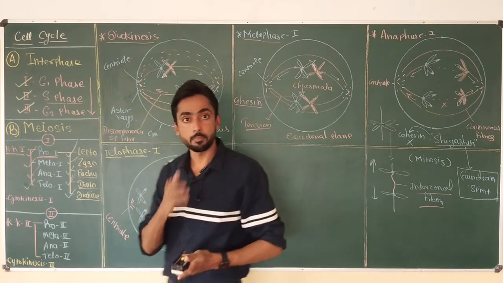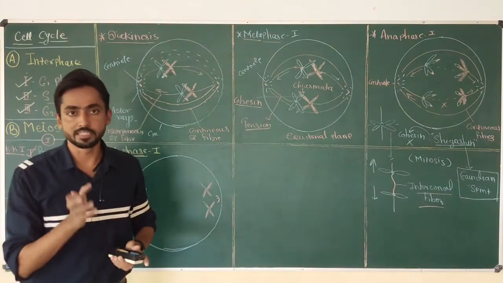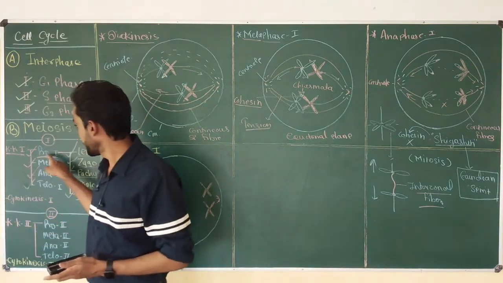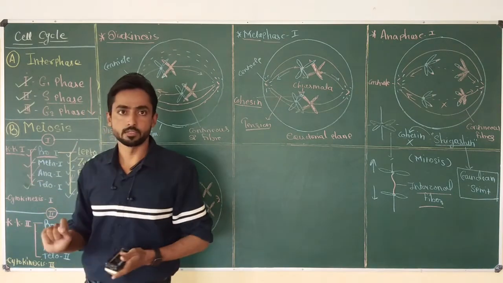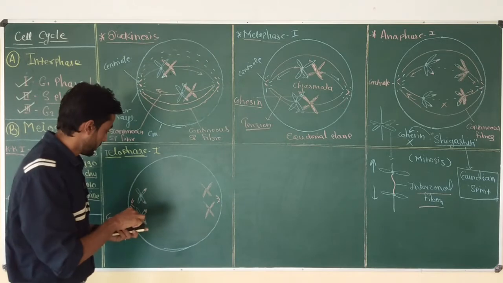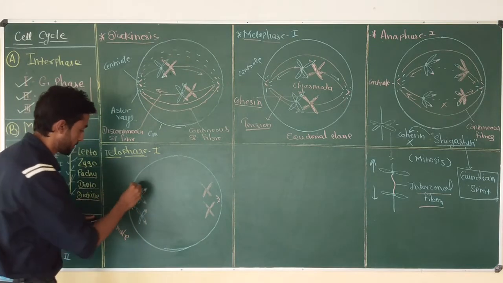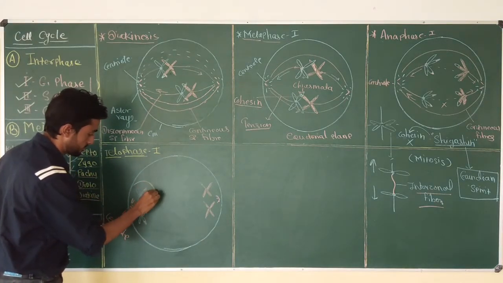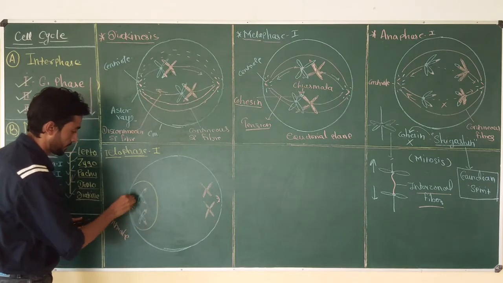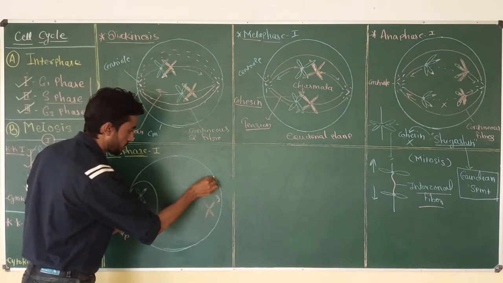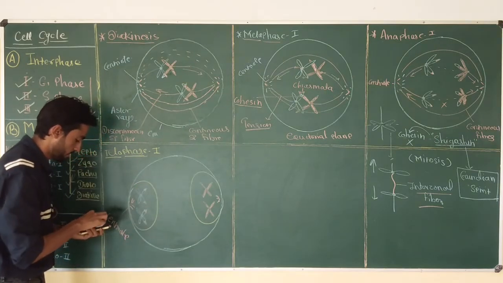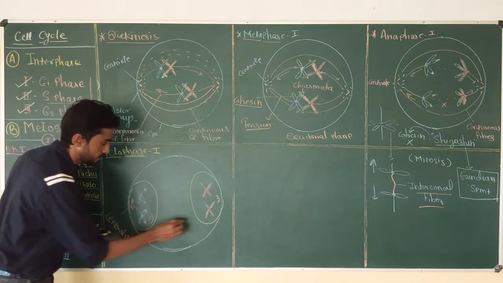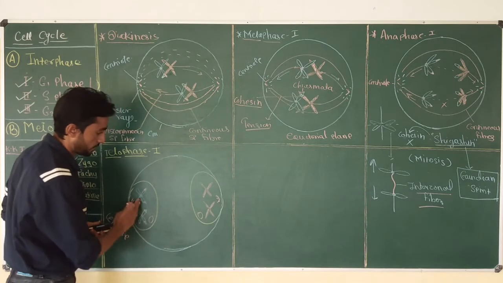The nuclear membrane and nucleolus, which disappeared during prophase-I, reappear during telophase-I. Okay, so now the cell is going to have a nucleus with a nuclear membrane and a small body present in the nucleus, that is the nucleolus, at both poles.